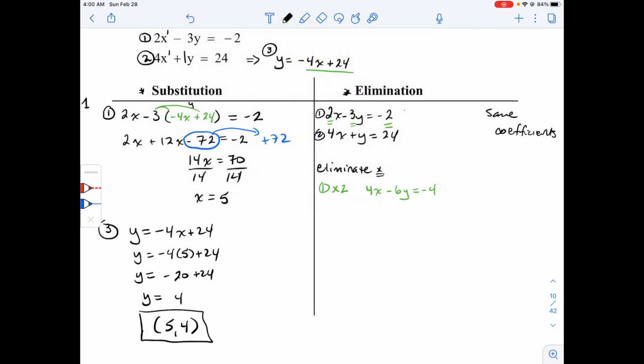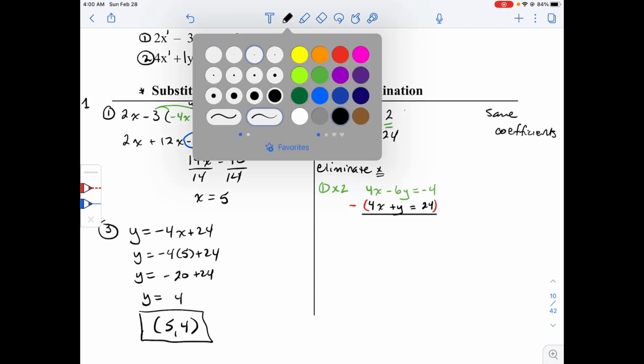And if I just line that up with the second equation, we've got a 4x plus y is equal to 24. And I'm going to draw a big line underneath those two equations. And what I'm going to do is I'm going to subtract those equations. I'm going to put a big bracket around here to remind myself that I'm subtracting both equations, every term from each other.